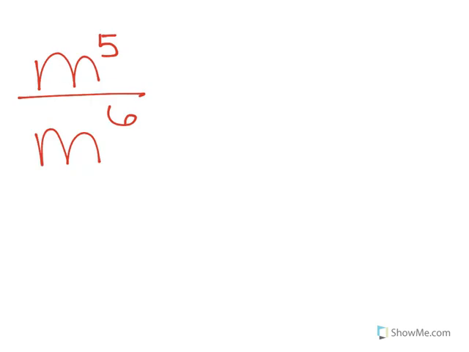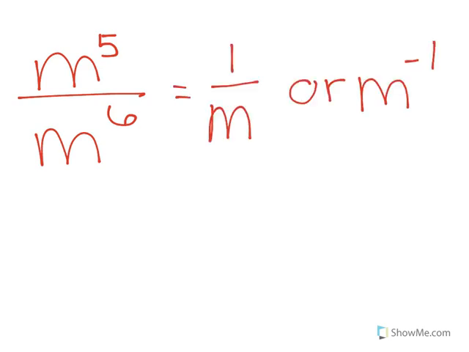Here's part C, m to the 5th over m to the 6th. Try to simplify it on your own. You should have gotten 1 over m, or m to the negative 1st power. Let's do part D. b squared over b to the 5th.